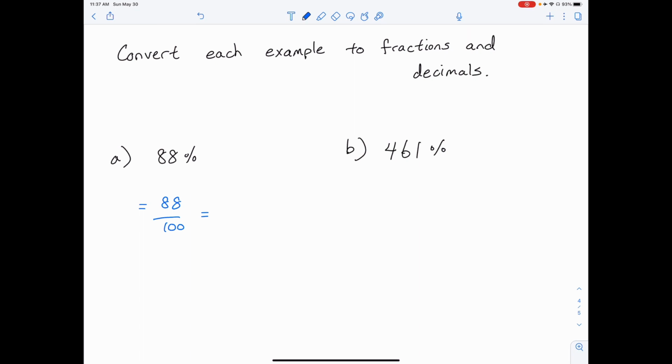If we divide both by 4, we end up getting 22 over 25. In terms of writing as a decimal, if it's 88%, we know that the decimal technically is after the 88. So we reverse it. This time we divide by 100, so move the decimal 2 places to the left. If we were to move it, we would end up getting 0.88 as our decimal.